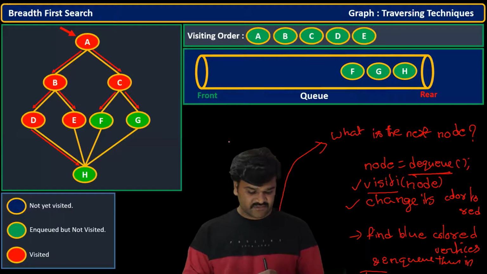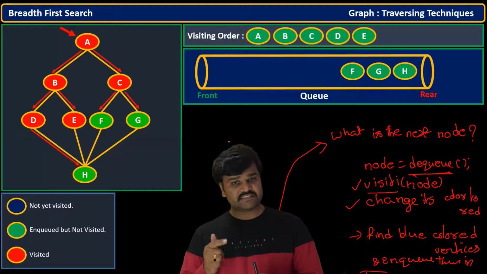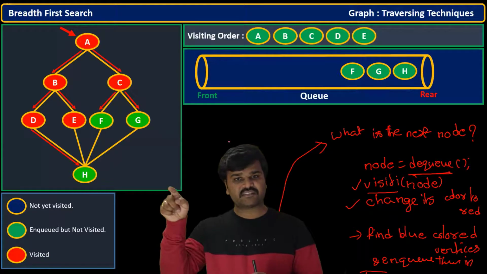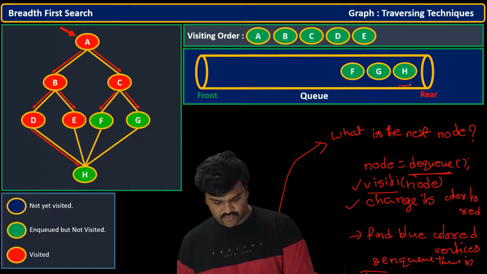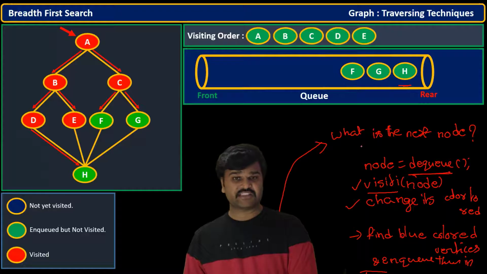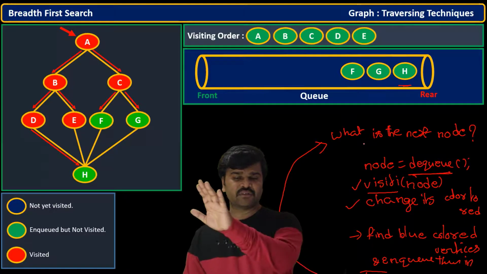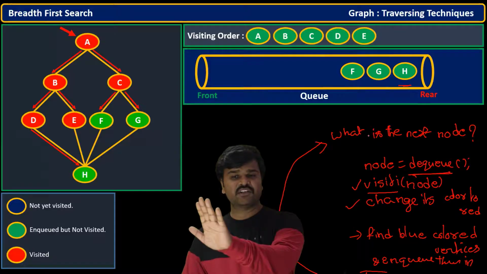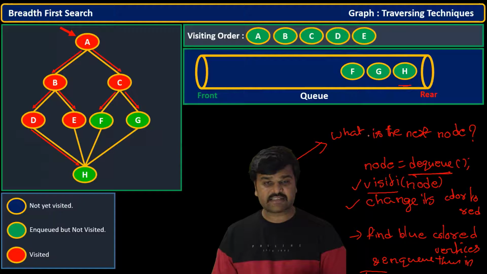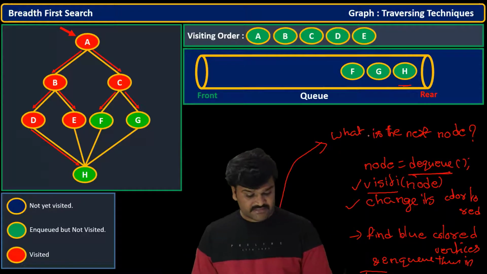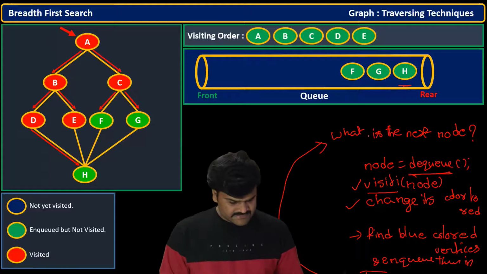Though H is a neighbor of E, you no need to enqueue it now, because it is already considered, that means already placed in the queue. If it was enqueued the first time, that means already considered, you no need to put it again into the queue. That is what the green color indicates. So E is not going to enqueue any vertex, and it is over at E also.